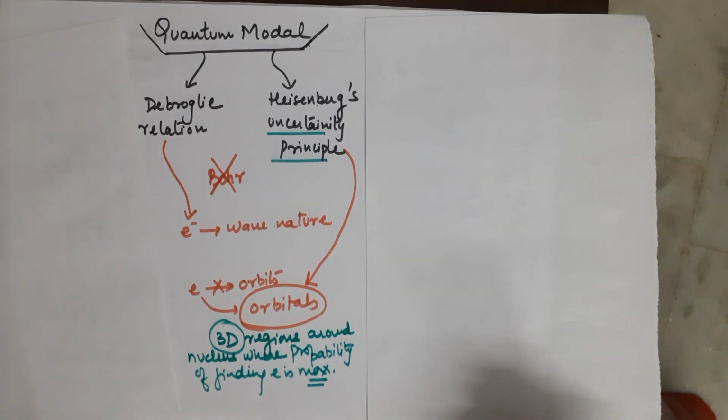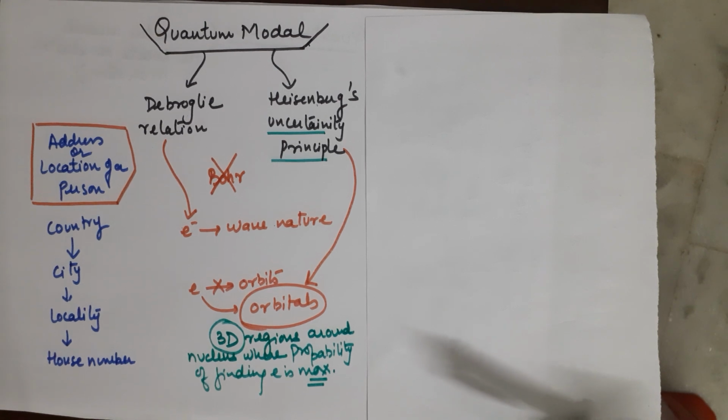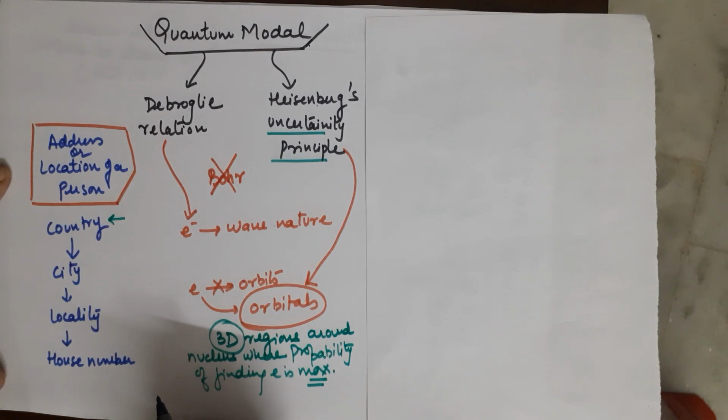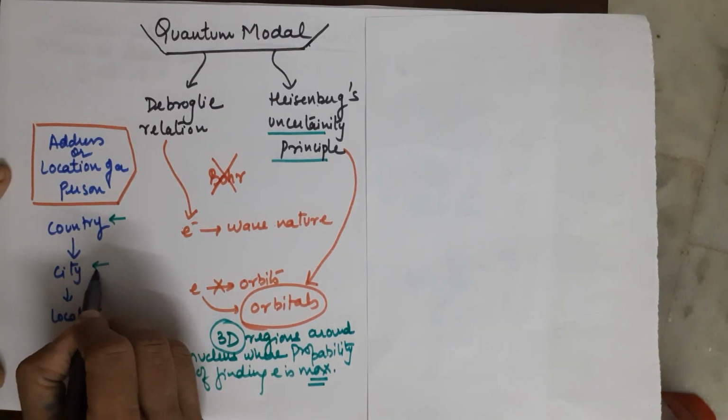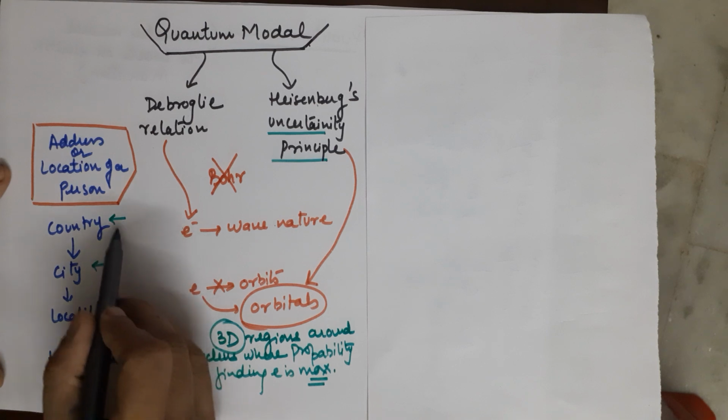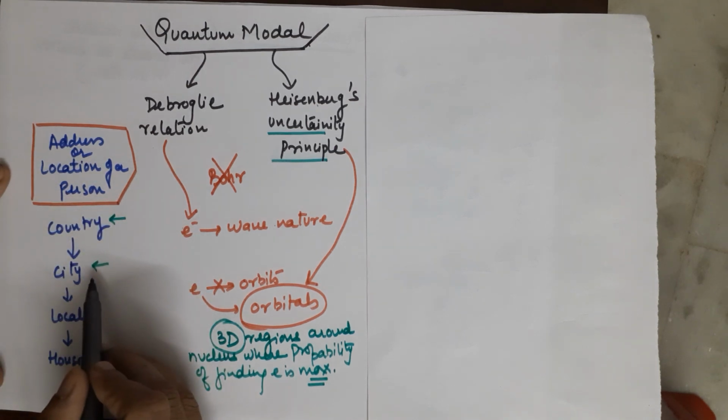Now, if I relate the quantum model to the address of a person, if I need to locate a person, what do I require? I require the country in which that person resides. After the country, you need the city. Only country will not help. So, if the person is in India, then you require the city. Let's say New Delhi.